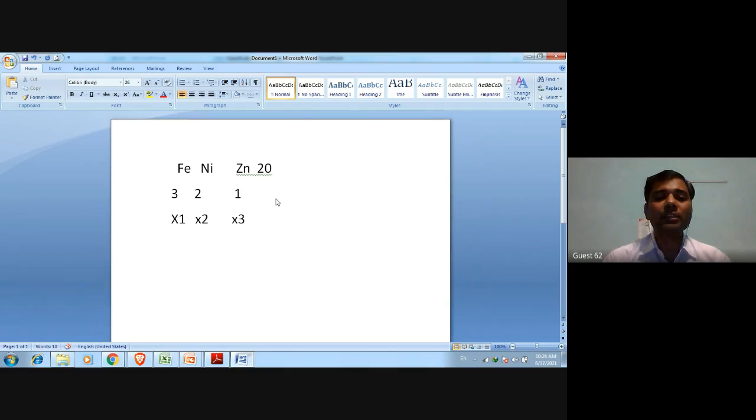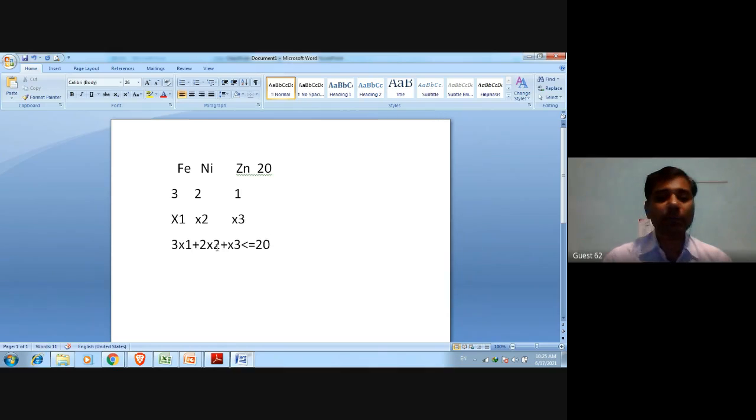But the combination of all these should not be more than 20. So how will you write this? It means 3x1 plus 2x2, here this x2 is in suffix, plus x3 means 1x3, or x3, should not be greater than or equal to 20.